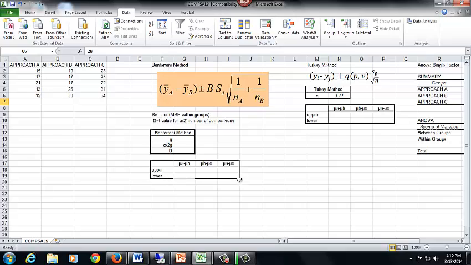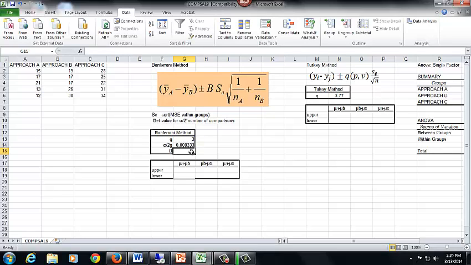Using the Bonferroni method, I first have to identify my G. G is the number of different classifications or groupings. I just remember G for groups. There are 3 groups because there are 3 sales approaches. Then alpha divided by 2G: alpha is always 0.05, divided by the quantity 2 times G. I could have just typed in my 3, but I'm lazy.